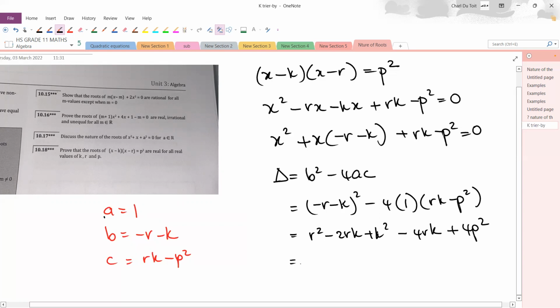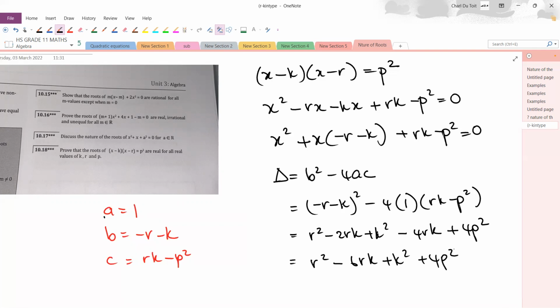We have the same as that other sum: r squared minus 6rk plus k squared plus 4b squared. This cannot be factorized. This is a big problem.